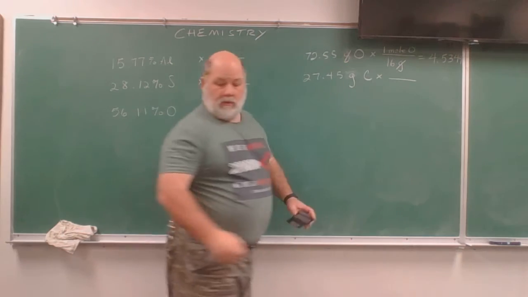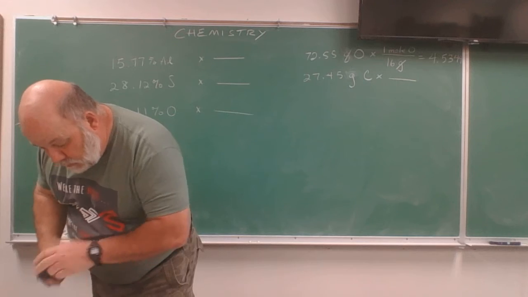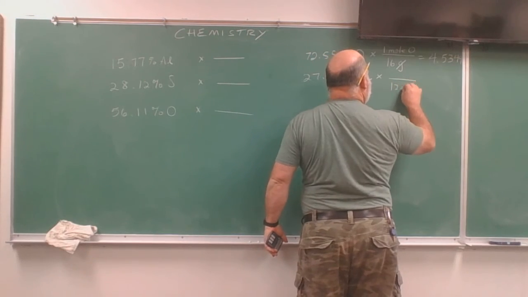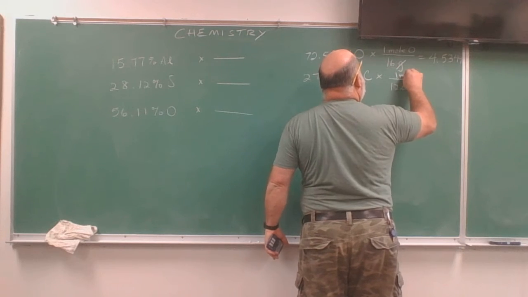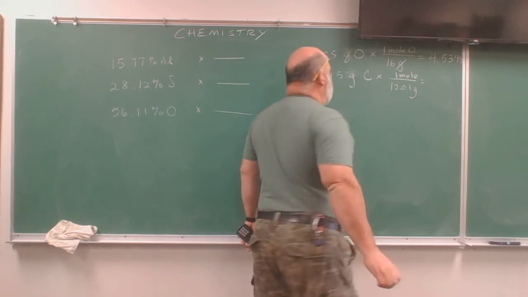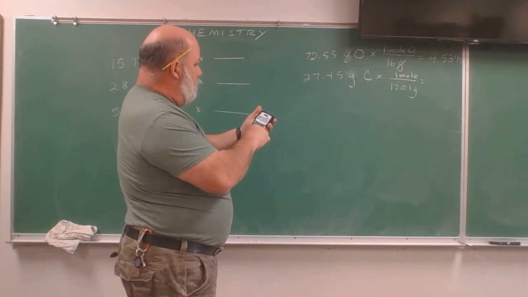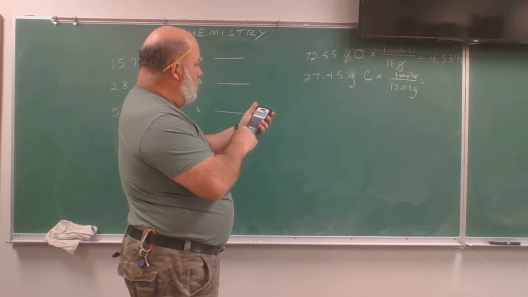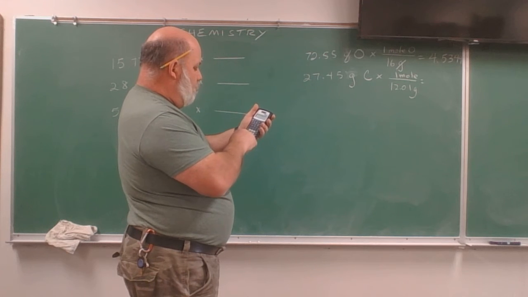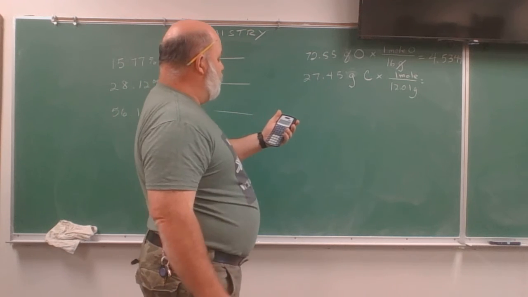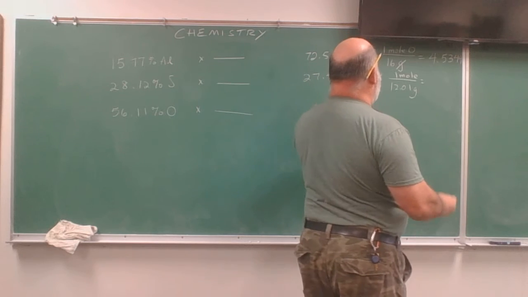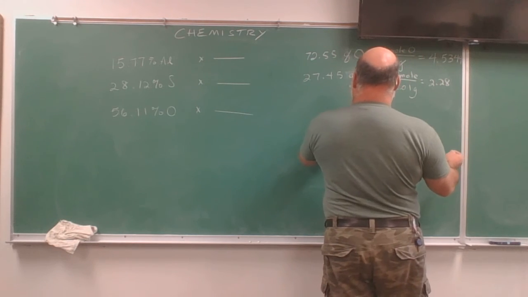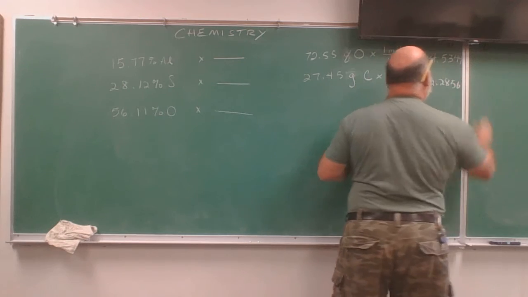We're going to do it for carbon also. How much does carbon weigh? Carbon weighs 12.01 grams per mole. So, 27.45 divided by 12.01 gives me 2.2856 moles.